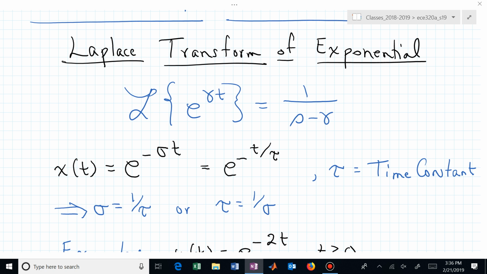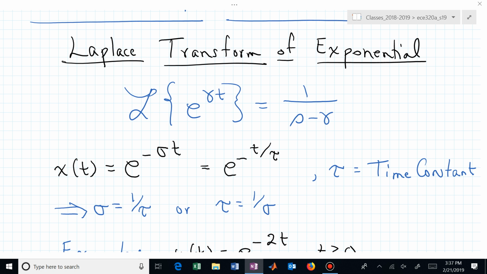E to the minus 2t does not decay as fast as e to the minus 10t, for example. But you might also see this decaying exponential written in time constant form, e to the minus t over tau, where tau is the time constant.